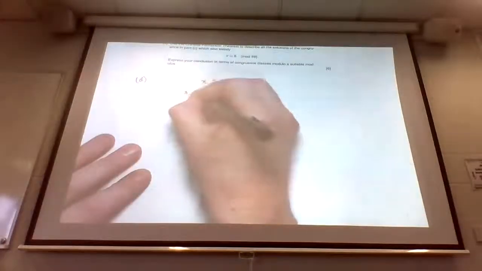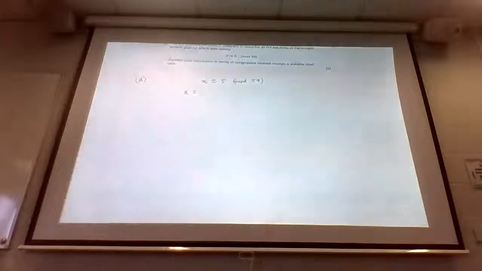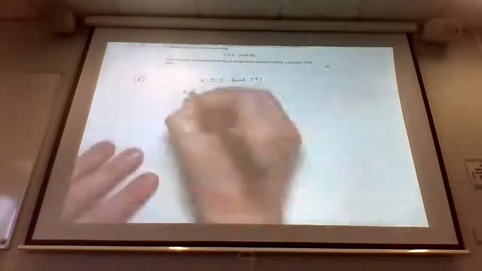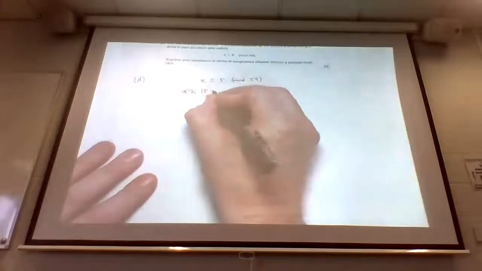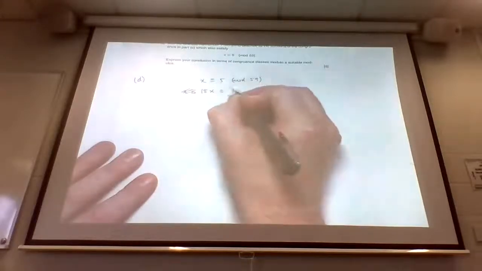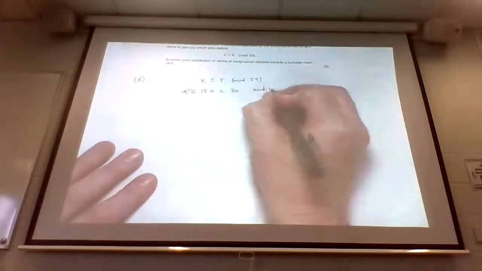And the original congruence is 18x congruent to 30 modulo 44.